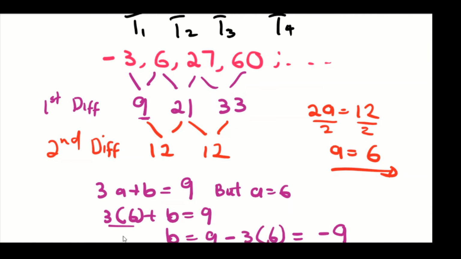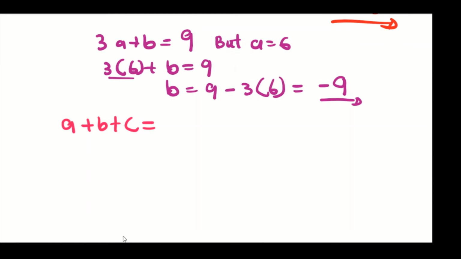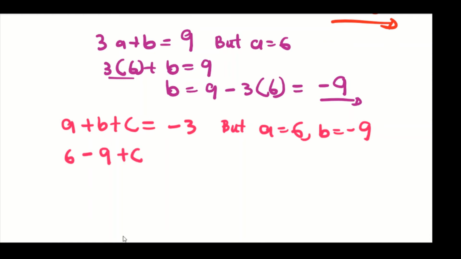So the first term is minus 3, right? I'm just going to write minus 3 here. But we know that our a value is equal to 6, our b value is equal to minus 9. So to find c, we're just going to substitute. So it's going to be 6 minus 9 plus c is equal to minus 3, right? So you should get your c value being equal to 0.